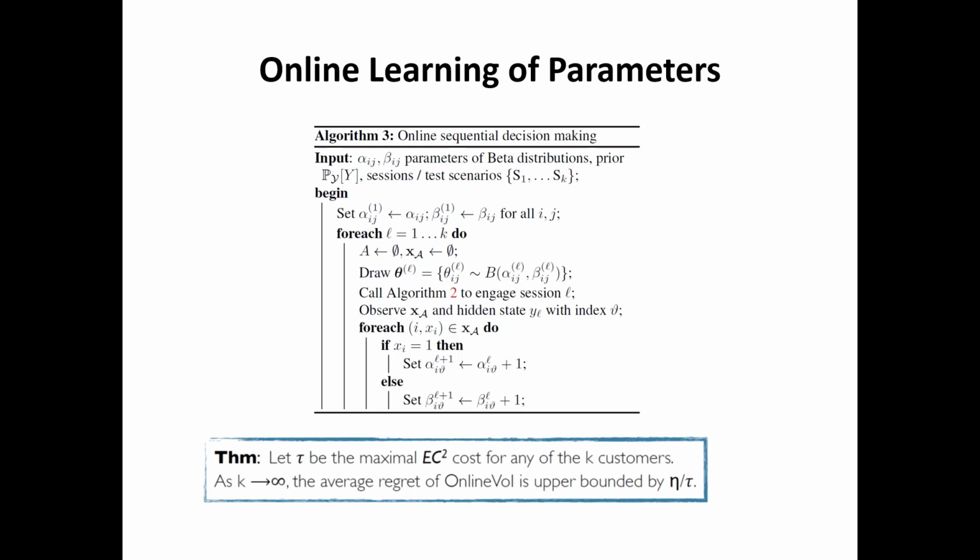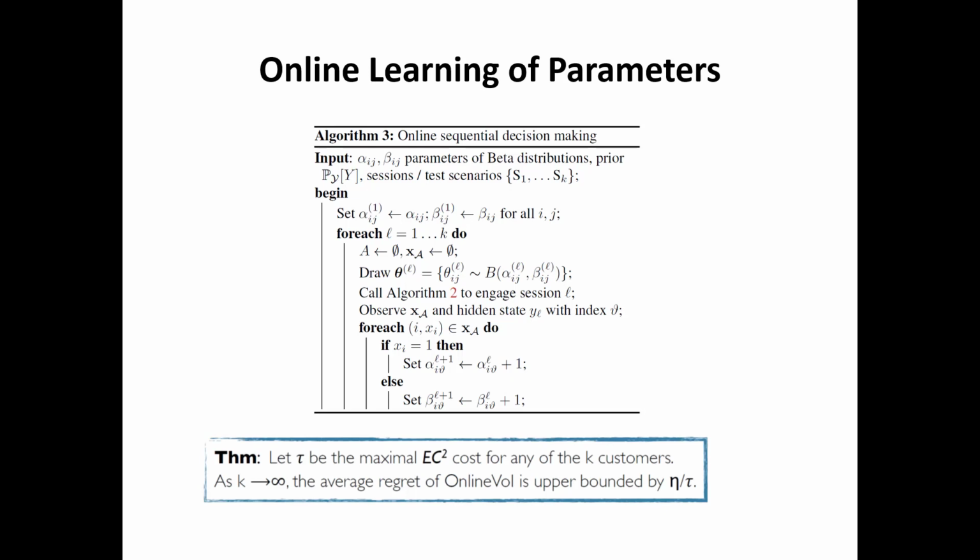Here you see the pseudocode of the online framework that I described, which I won't go into detail about. For this online learning framework, we have been able to obtain strong theoretical results in terms of average regret. Assume that tau is the maximal EC2 cost, which, if the costs are unit, means the maximal number of tests that are performed in one specific session.